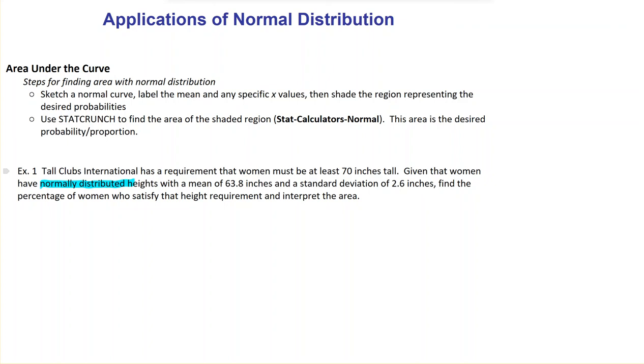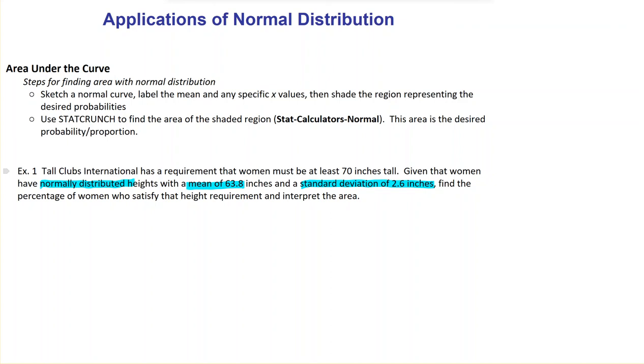The second thing I need to recognize is that we're told that we have a mean of 63.8 and a standard deviation of 2.6. So I need to determine, is that mean and standard deviation population information or is it sample information? I hope that you see that because we're looking at, given that women have a normally distributed height, so we're kind of talking about all women, this would indicate this is a parameter or describing the population.